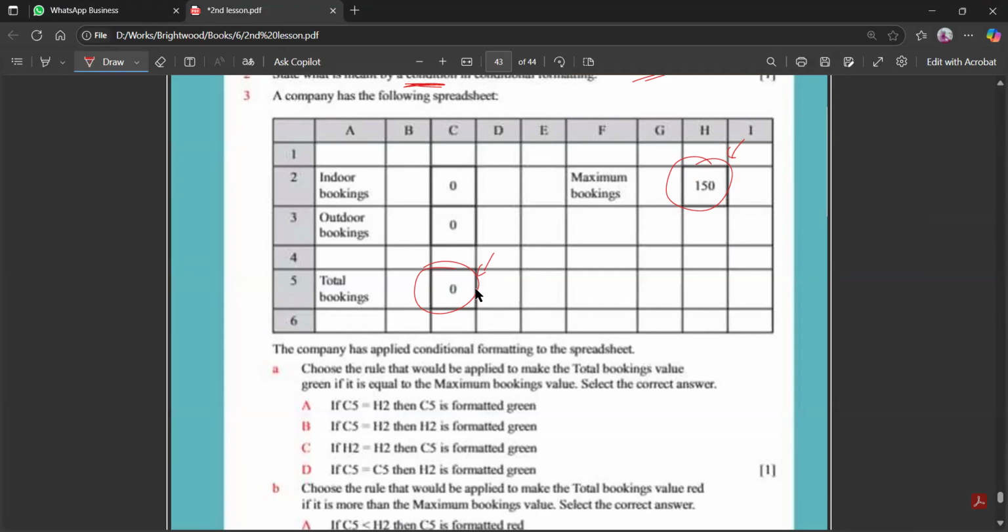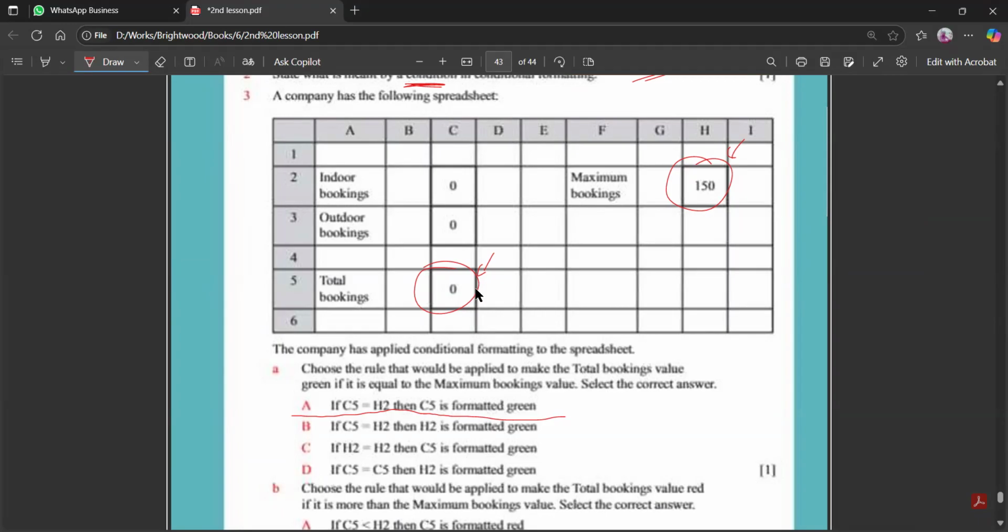C5 and H2 should be equal, then the C5 value becomes formatted green. Why? If it is true, there should be a condition checking C5 equal to H2. That means the sum of all values should be equal to the maximum value.